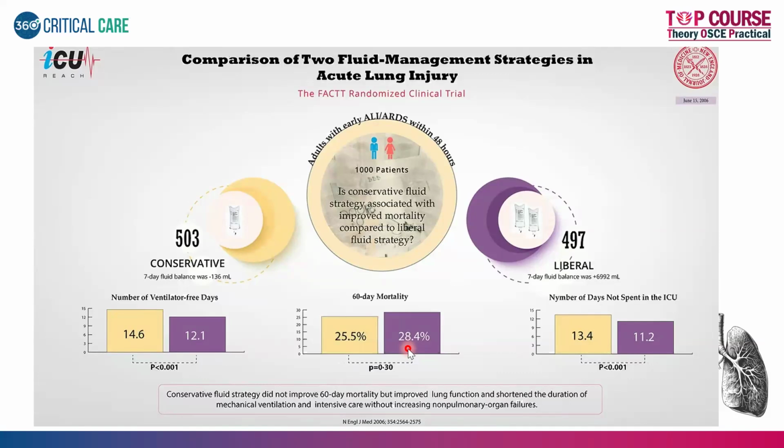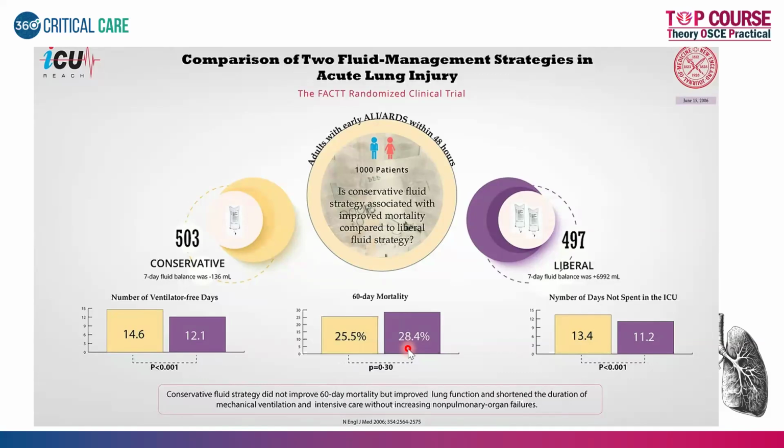That would help the overall outcome in the long run. The limitation of this trial, what they feel, is that the mortality could have been due to secondary insults in patients in the conservative strategy pool, probably secondary sepsis, etc.